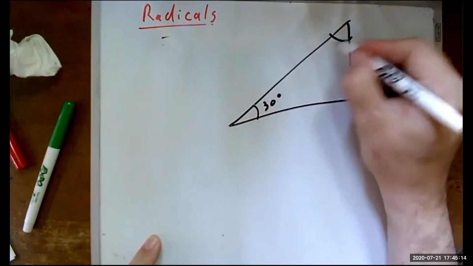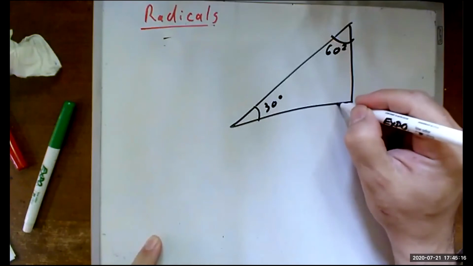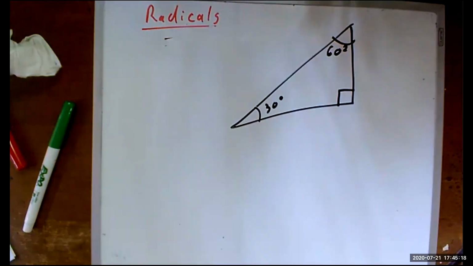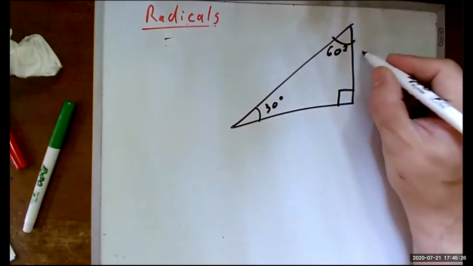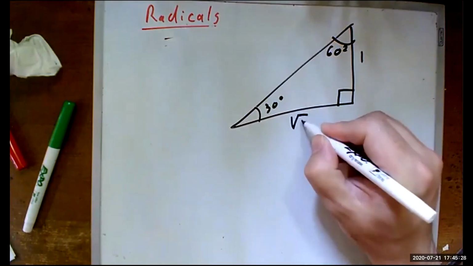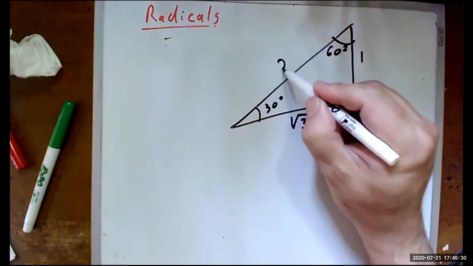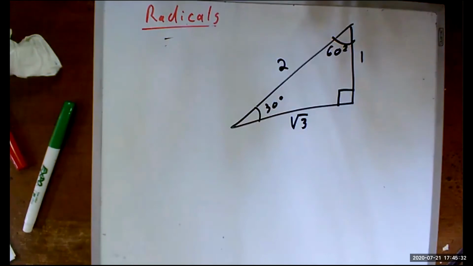If I have, let's do this bigger so it's clearer here. If I have 30 degrees there, 60 degrees there, and a right angle there, I should have 1, root 3, and 2.